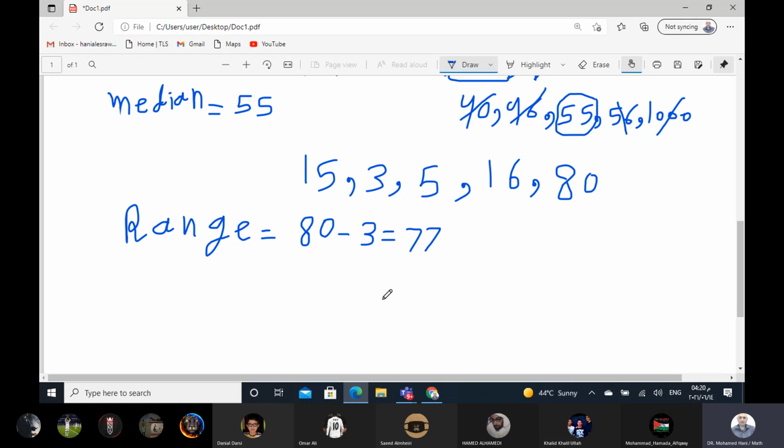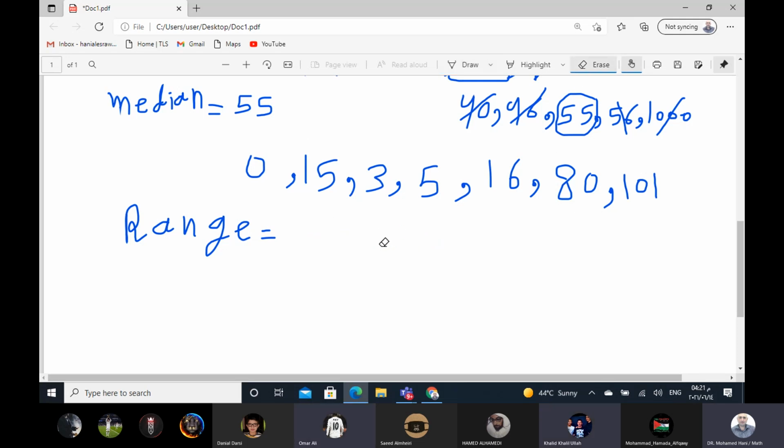Suppose now, who can tell me what is the range in this question? Why? 101.